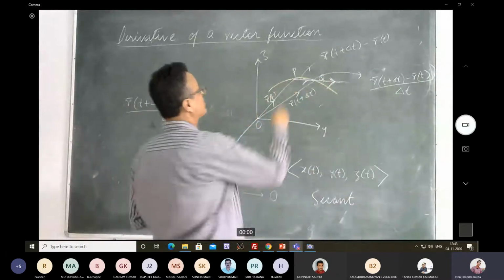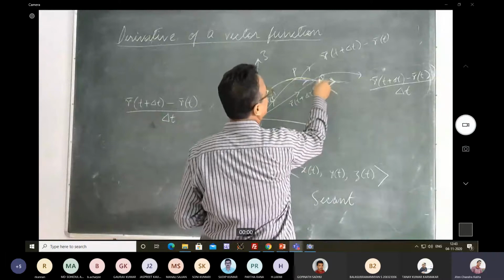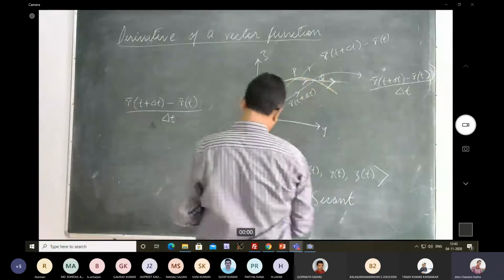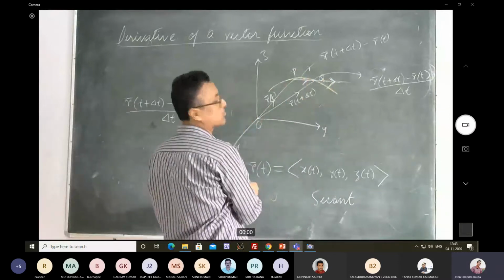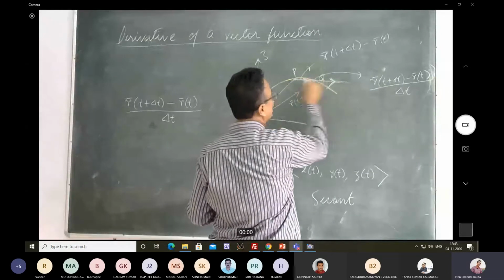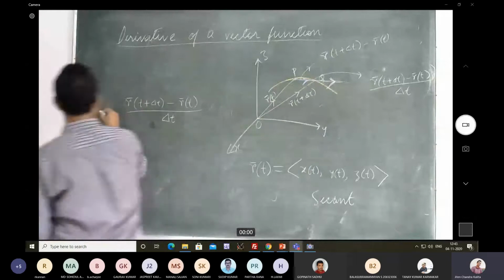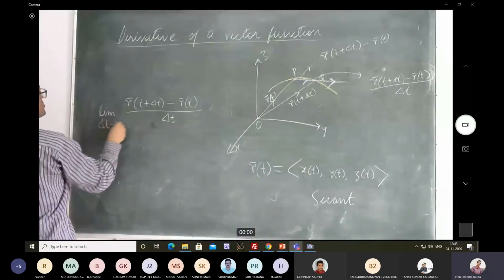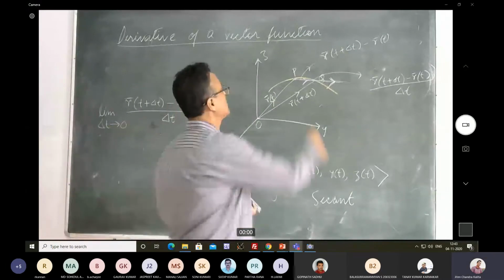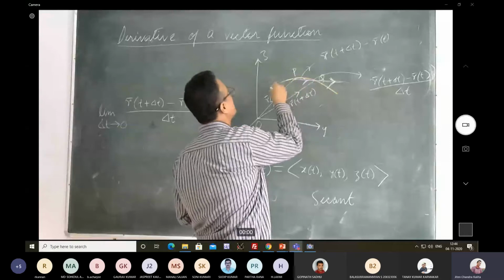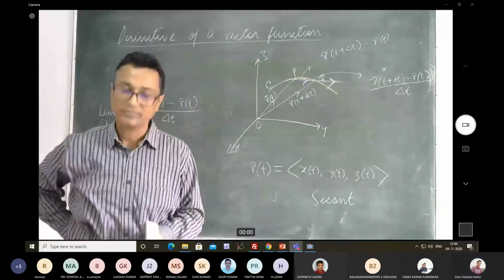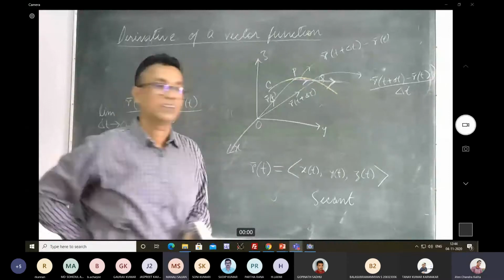Now what is going to happen when Q approaches P? As delta t tends to 0, this vector is going to be a tangent to the curve, say let me call this curve C, at the point P. Is it okay?